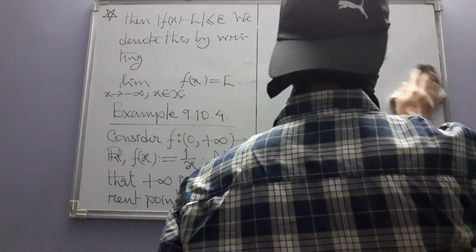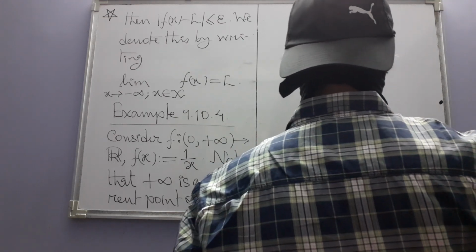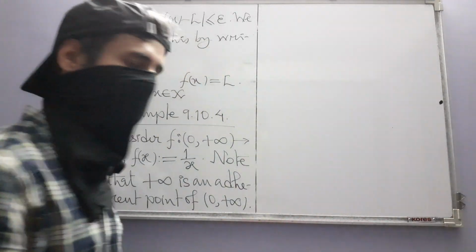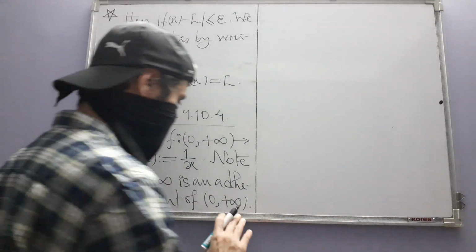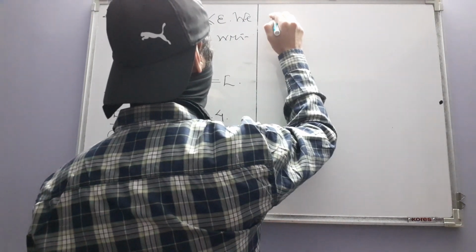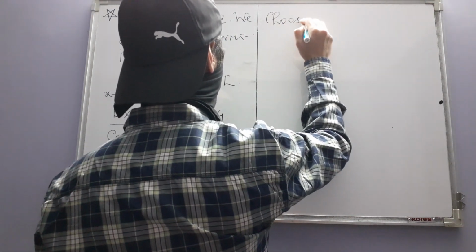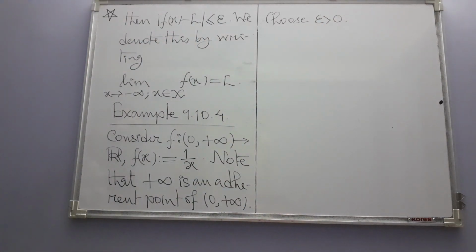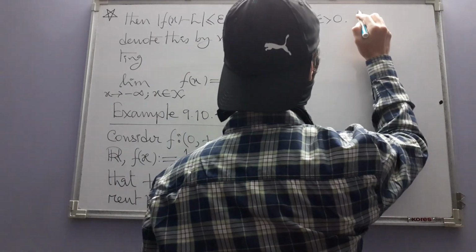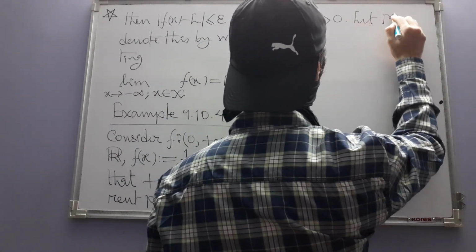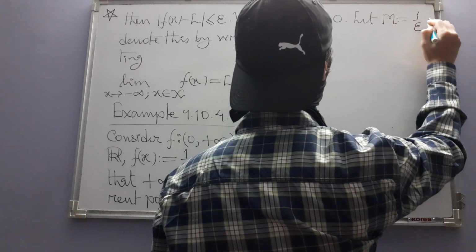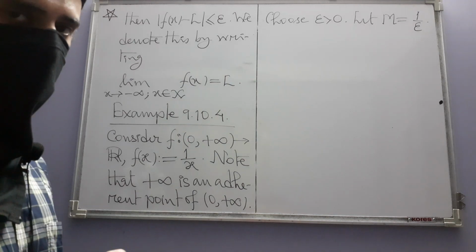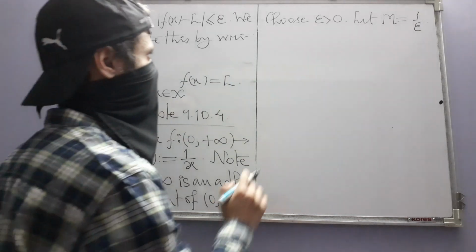Our aim here in this example is to show that the limit of our f at plus infinity is 0. Choose any epsilon greater than 0. Let capital M be 1 over epsilon, which is a legitimate real number because epsilon is non-zero, so its reciprocal exists.